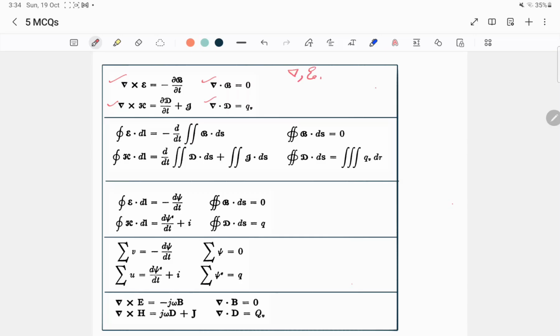Scripted letters are used like E, H, B, J and D. Okay, and partial derivative with respect to time is also used. So that is why these four sets of Maxwell's equations are called Maxwell's equations written in differential form for instantaneous field quantities.